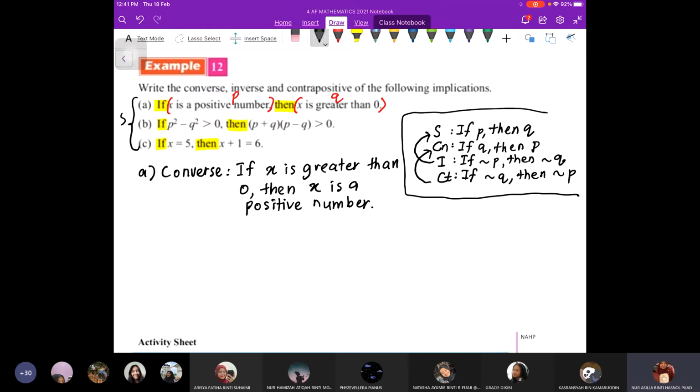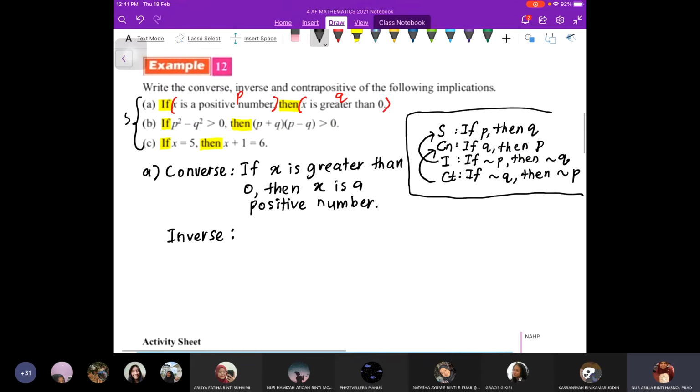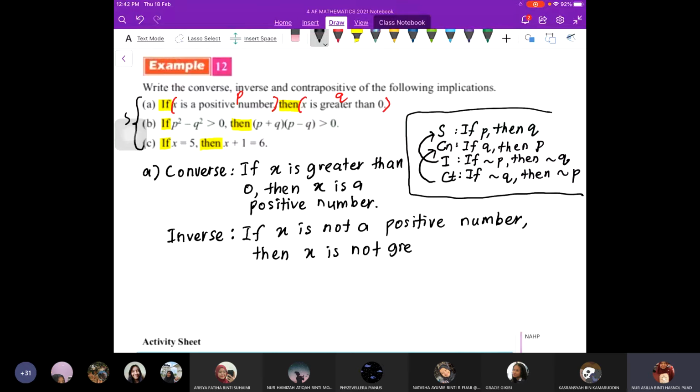Okay, simple. And then kita pergi kepada inverse. So inverse kita akan negatekan statement asal. So daripada sini ingat negation ada perkataan no ataupun not. So X is a positive number, kita boleh cakap dia X is not a positive number. So kedudukan dia kekal. Then kita negatekan lagi, X is not greater than 0.